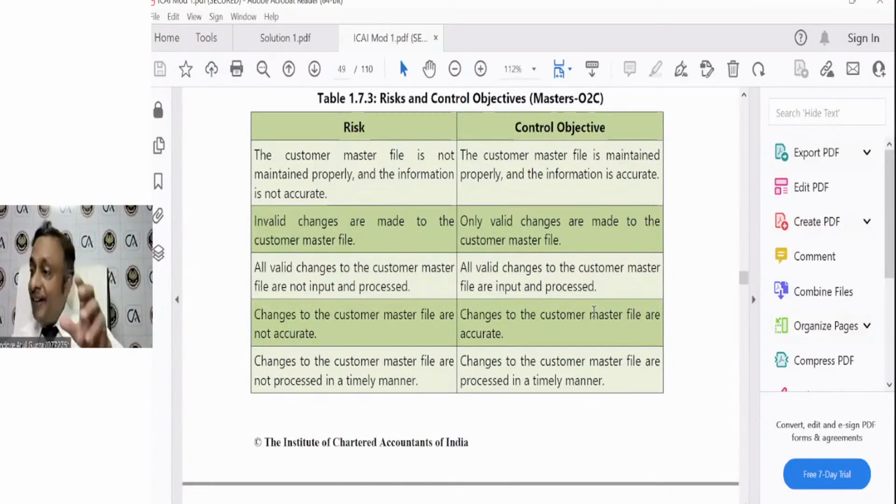Mismatch. Bad relation, yes. Debt aging report, yes. And just understand, if I want to do fraud, you know what I do? I change the delivery address. Everything remains the same. The delivery address I change. The goods are delivered to a wrong person. So there are multiple things that are going to come. Great.